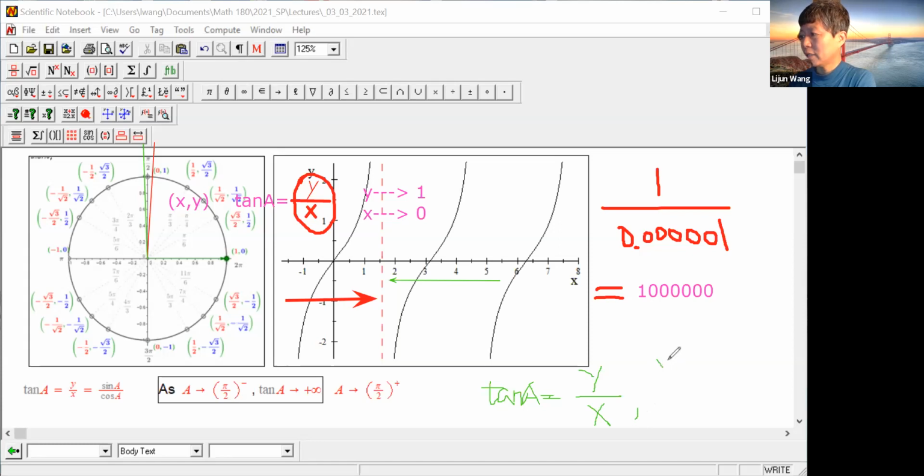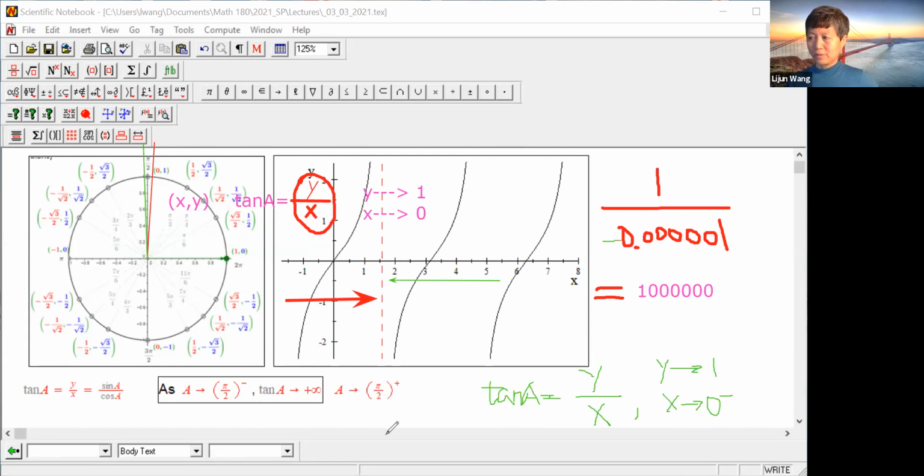But y is still approaching 1. X is approaching what? 0, but smaller than 0. So you have a similar scenario, except it's negative. So that's why it goes to negative infinity.